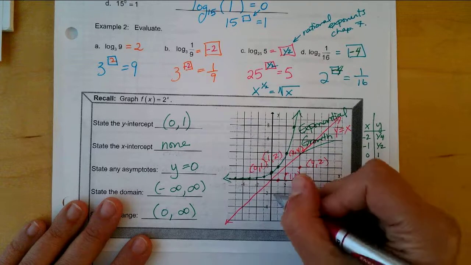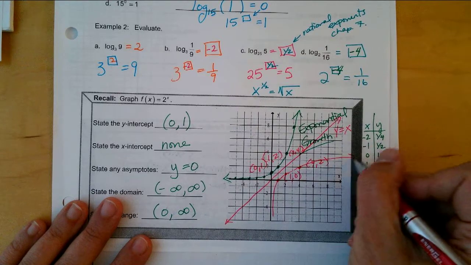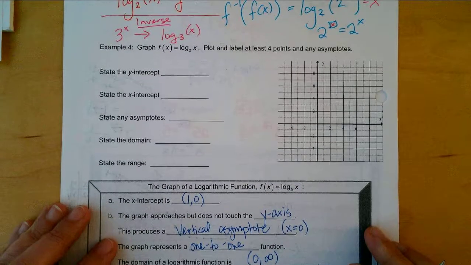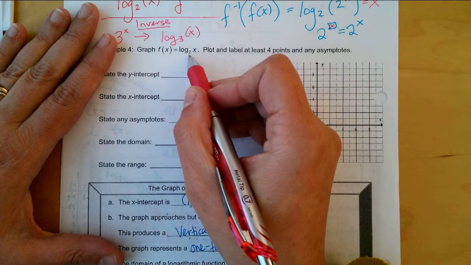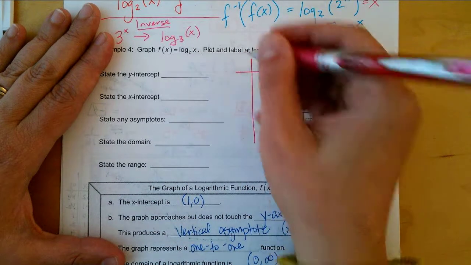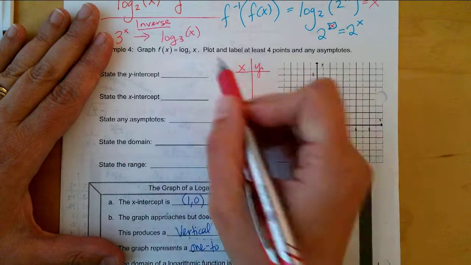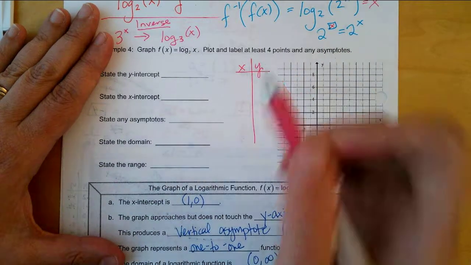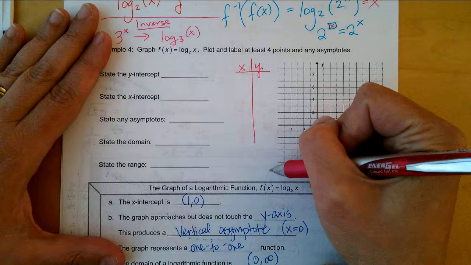You're actually starting to see the inverse emerge, but let's go back to the graph and we'll actually graph it for real. Because the base was 2, if I want to create a table of values, x, y, what I really want is for the y to be the exponent.